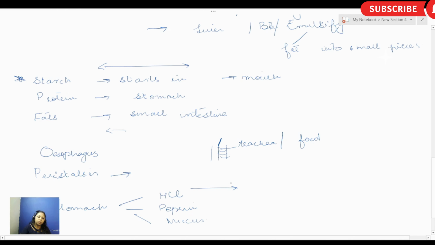It's an acid, so it lowers the pH for protease. It lowers the pH to 2 so that protease can act. Protease needs an acidic environment. Oh, that I forgot to mention. What is the pH in our mouth? 7, neutral pH. So our saliva is neutral.